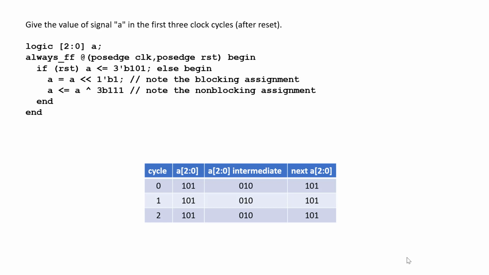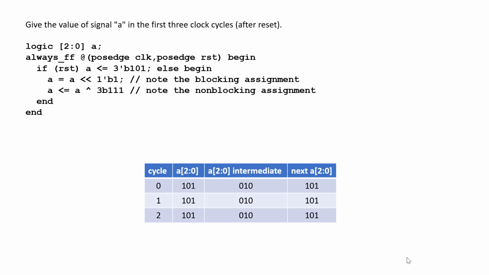So once again, this is kind of a degenerate code, because A will always be 101. It will just always come out as 101. So it's kind of redundant. Make sense? Because you reset it to 101.